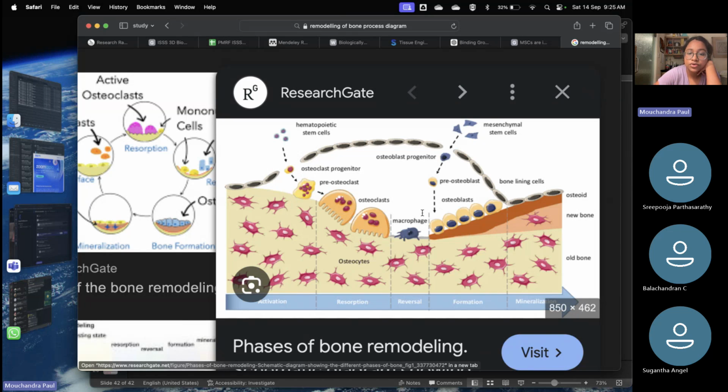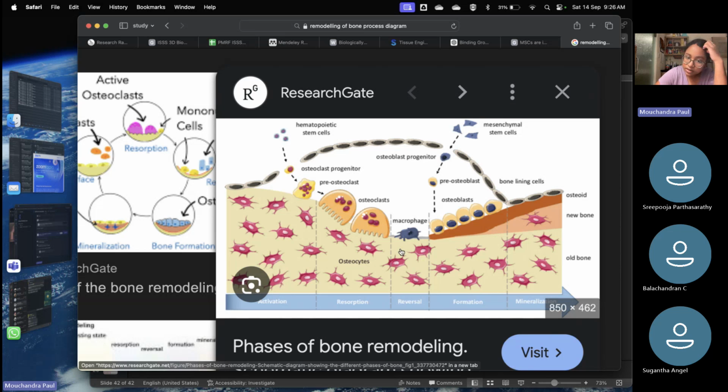Then comes the resorption process, where the osteoclast cells play the dominant role. They start dissolving and breaking down the bone construct. Then reversal: whatever damage the osteoclast cells have done has to be removed, right? That debris has to be removed.